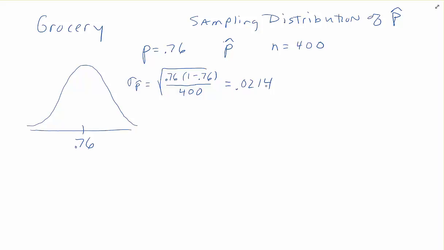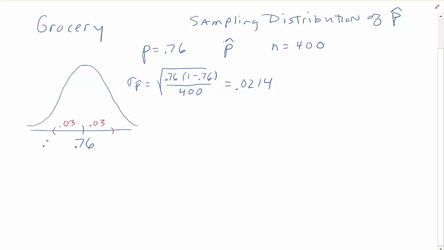Now the problem wants to know the probability that if we take a sample of size 400 and calculate the sample percentage on that sample, what's the probability that that sample percentage will fall within 0.03 of our population percentage, 0.76. Now, the standard deviation of this is only 0.02, so if we go out 0.03, we're probably going out around 1.5 standard deviations.